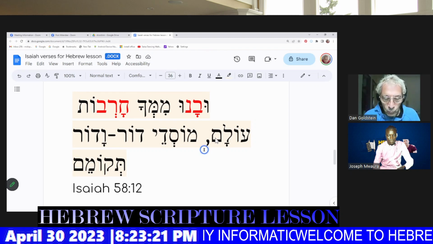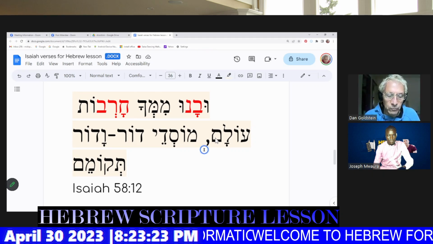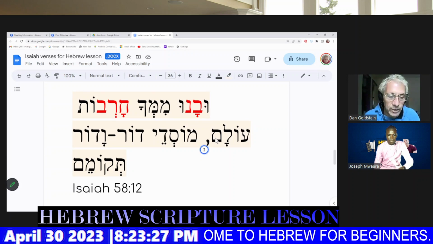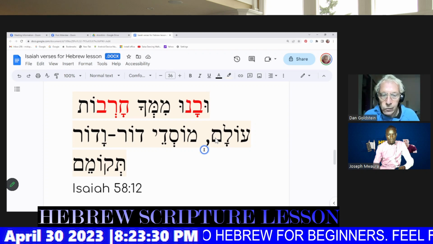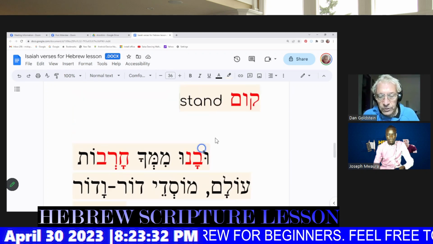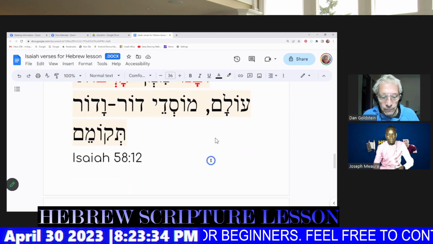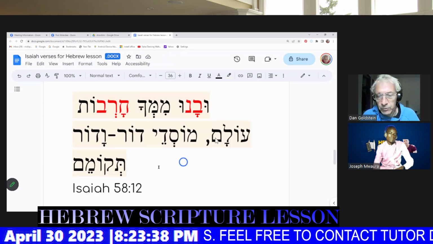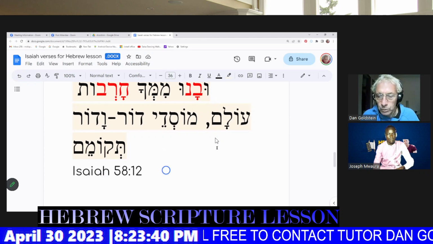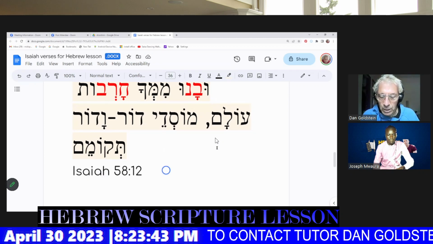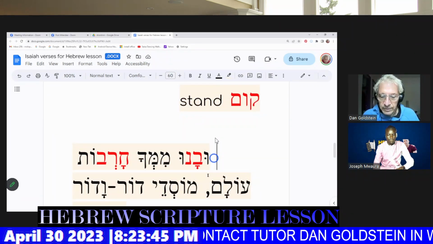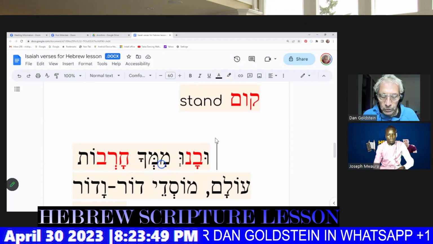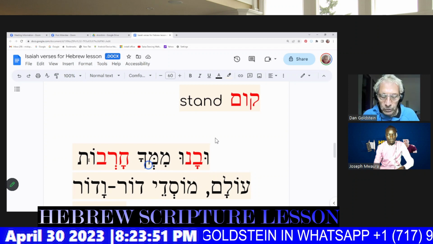So we will discover what is being stood up, what is being raised up. Let us discover that. The first line of verse 12 of chapter 58 is uvanu mimcha, and they will build for you charvot.